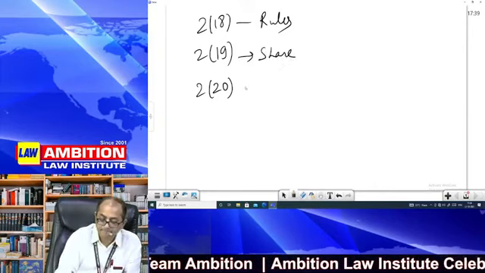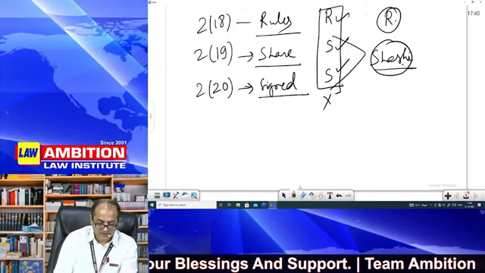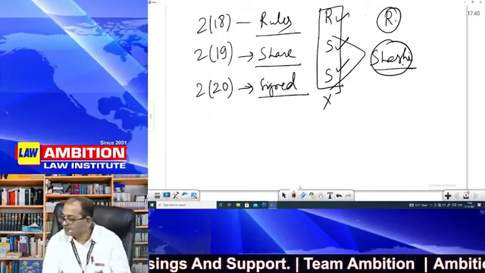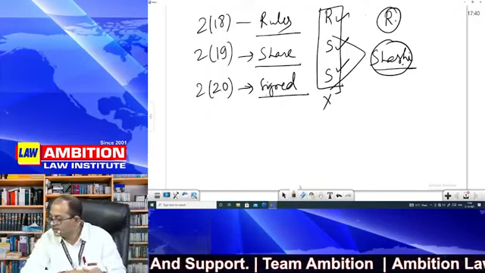You can club them together and write SASI, or this word. 18, 19 and 20: rules, share in corporation and signed. Signed includes stamped. So just read it carefully. Is it clear?